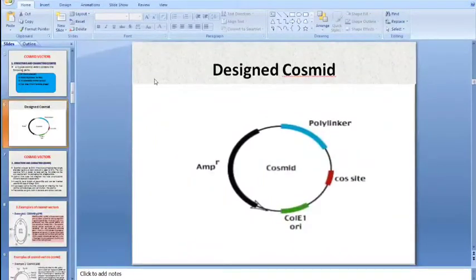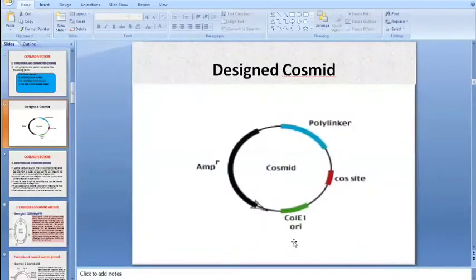So this is the cosmid. It is nothing but the combination of both the cos sites of the phage vector or phage virus and a part of plasmid vectors.